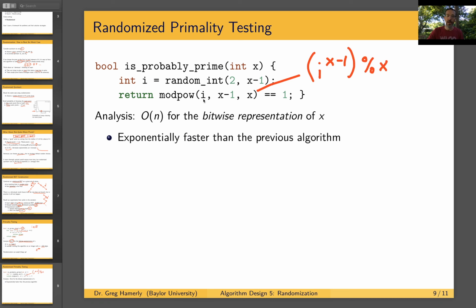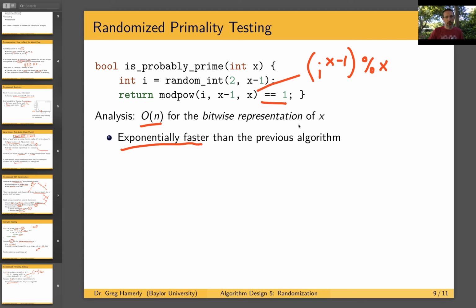Now this modPow is not a function in C++, but we could implement it fairly easily. And it can be implemented to run in linear time, in terms of the number of bits of x. And if that's equal to 1, then we believe that it's a prime number. So for all prime numbers, this value is equal to 1, okay? And if it runs in order n time, then it's exponentially faster than the previous algorithm.